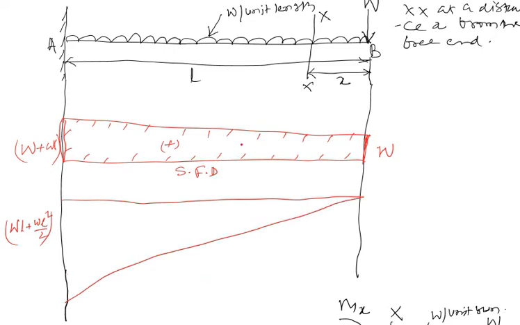This is linear, and this is parabolic. This is BMD, bending moment diagram, and this is negative.